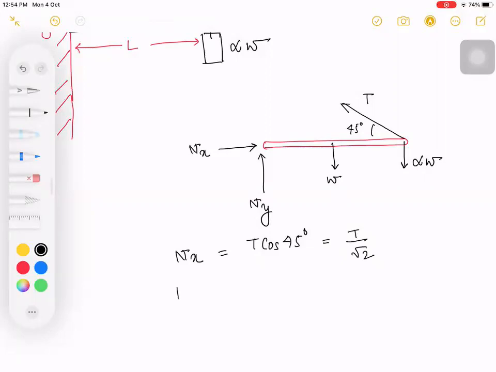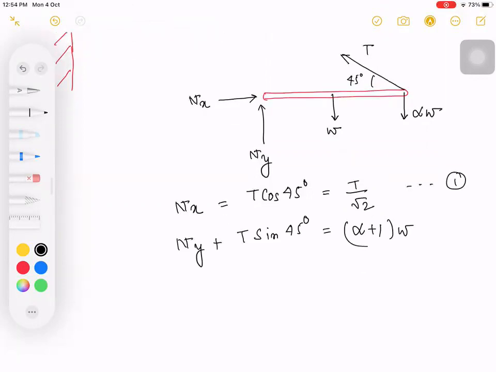Along the Y direction, it's Ny plus T sine 45 degrees is equal to W plus alpha W. I can write it as alpha plus 1 into W. Let me name this as equation 1. Equation 2, I haven't completed. Let me simplify this a little bit. I can write Ny as equal to alpha plus 1 into W minus T by root 2. This is my equation 2.